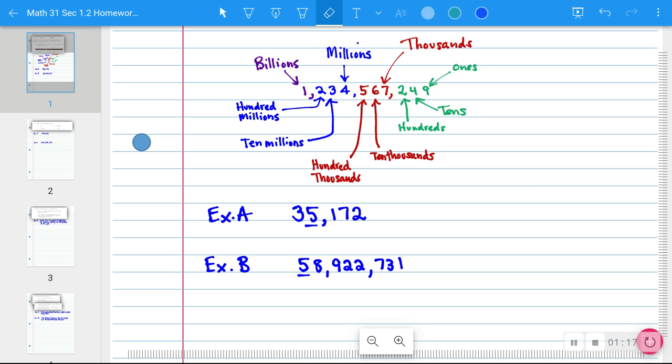Okay, the first one we're supposed to do is this 5 right here in that spot. If you work from right backwards to left, you can see that it's not in the ones column or the tens column or the hundreds column. That 5 is in the thousands column. So we're going to note that answer: thousands.